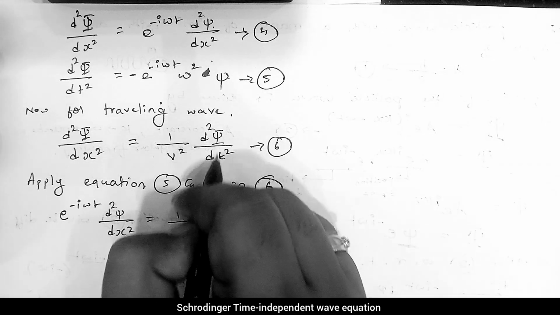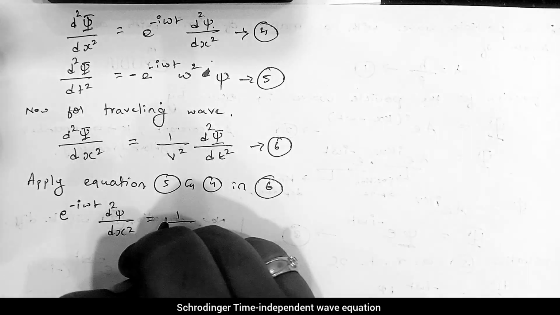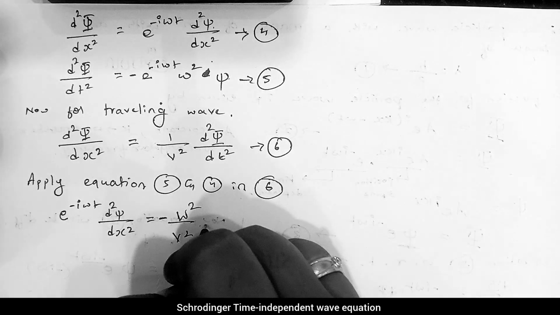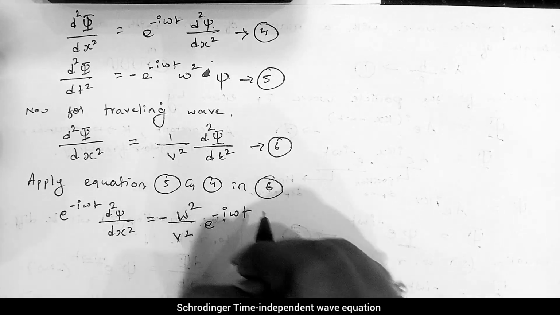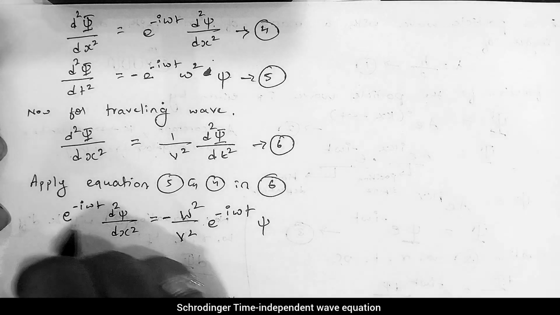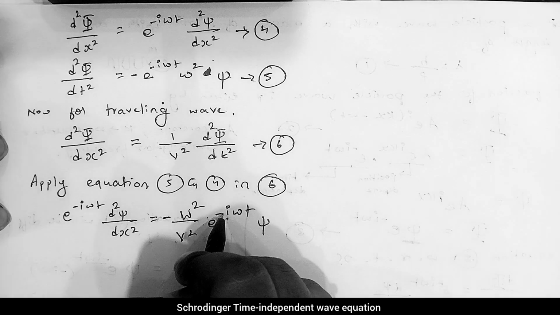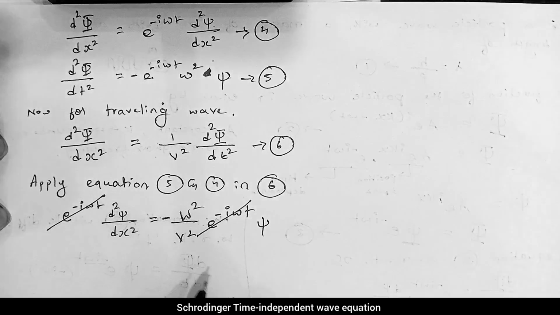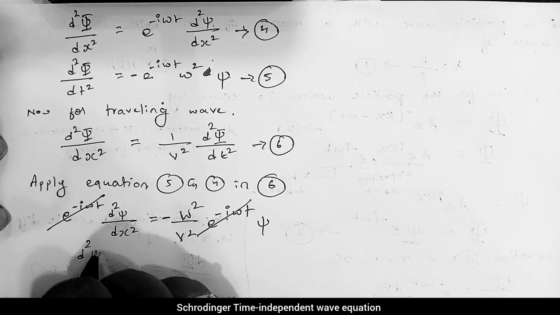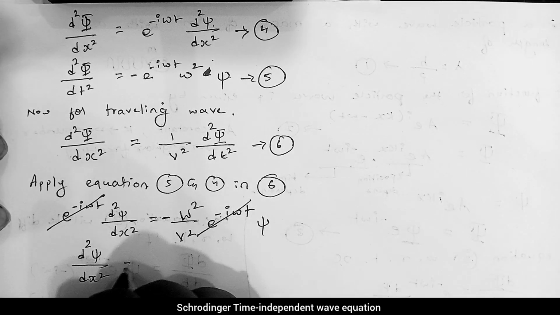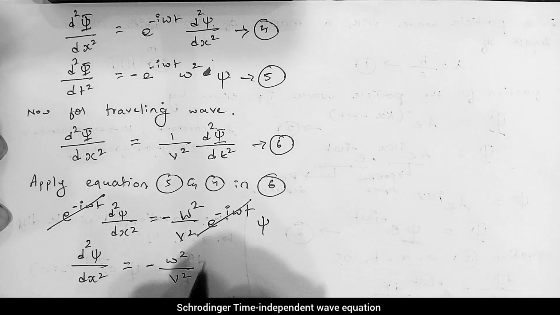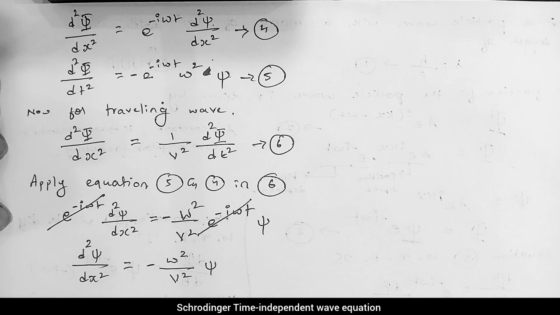In place of d square psi divided by dt square, I will replace it with minus omega square and e to the power of minus i omega t into psi. Since both the LHS and RHS have e to the power of minus i omega t, it cancels, and the remaining term will be d square psi divided by dx square is equal to minus of omega square divided by v square into psi.